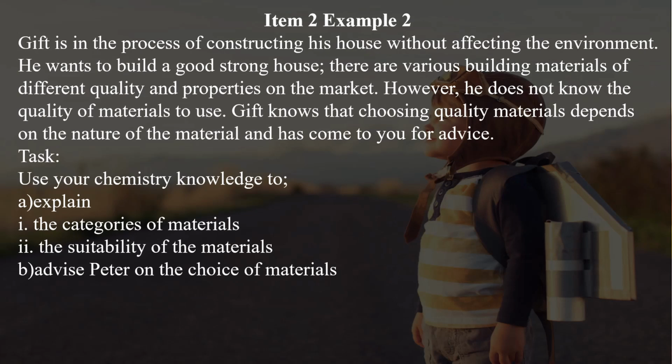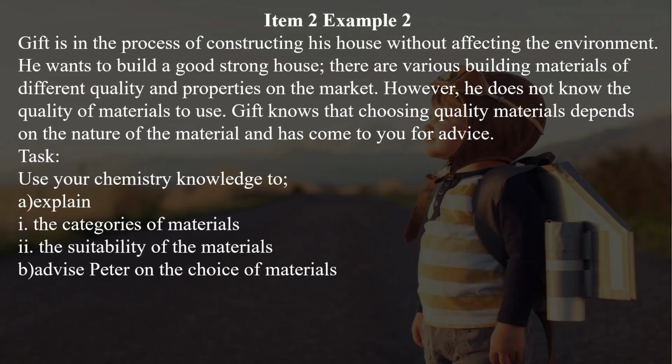When you're categorizing these materials, they're going to be natural and synthetic materials. So you have to give reasons why you are saying he should use natural materials, and you give an example of the natural material you want him to use. Now, sometimes you'll find the scenario restricts you to a certain possession.